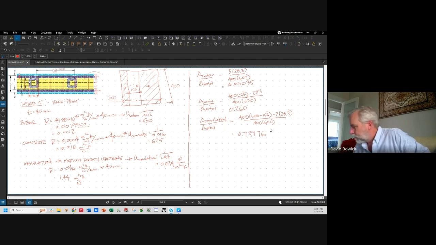Okay, so now our U value for the whole layer, U value for layer 5, equals 0.00035 times my rebar U value, which is 500. Well, that's here. Plus the concrete, 0.26 times the U value for my concrete, which is 62.5.